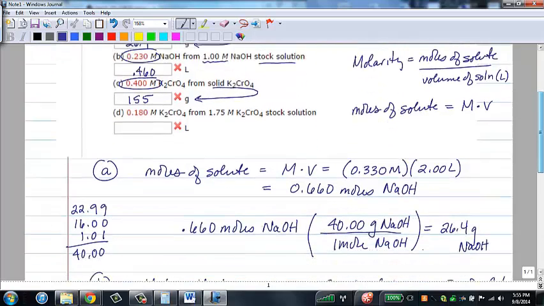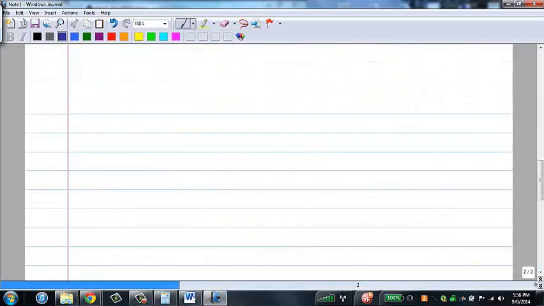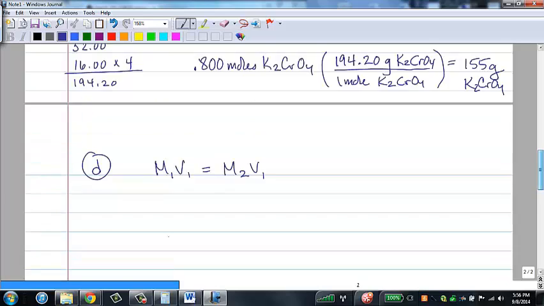The fourth problem is similar to part B. We're making a dilute solution with a concentration of 0.18 molar from a solution that has a higher concentration, a stock solution of 1.75 molar. So since this is a dilution problem, we'll use M1V1 equals M2V2.